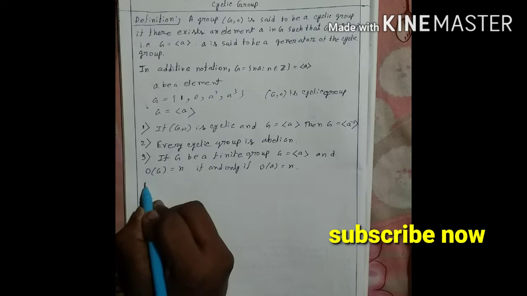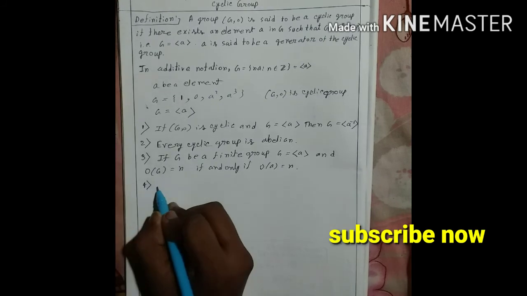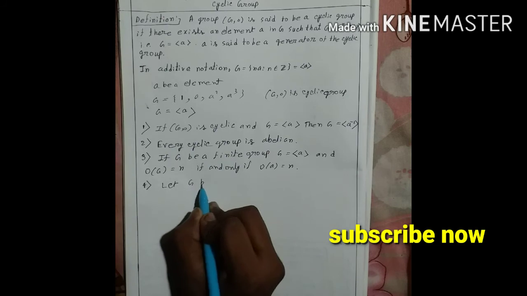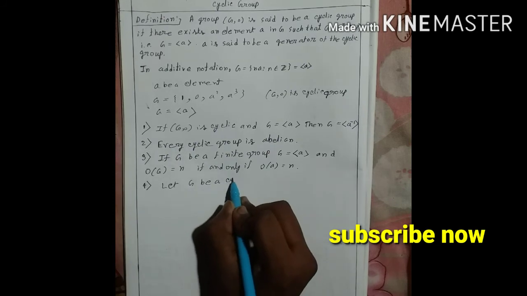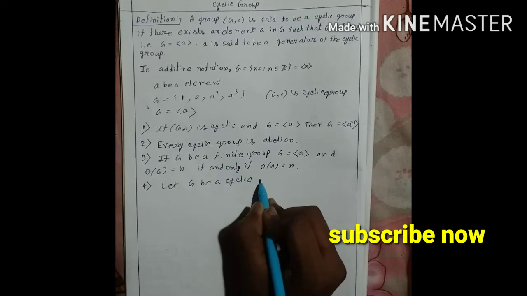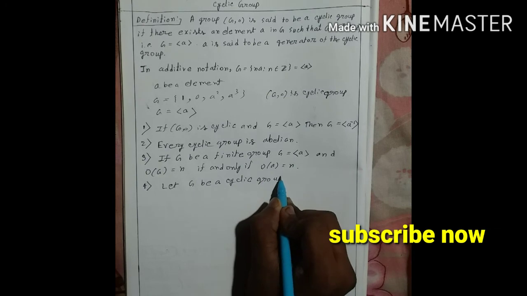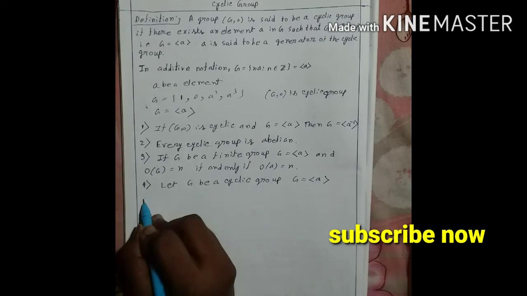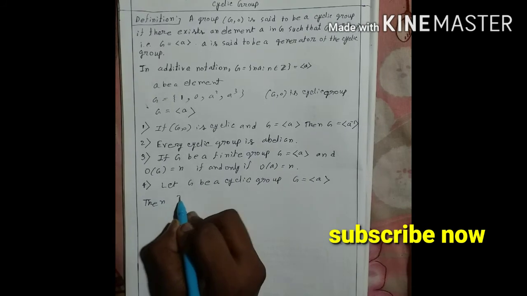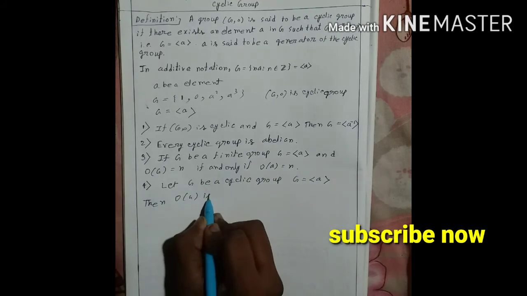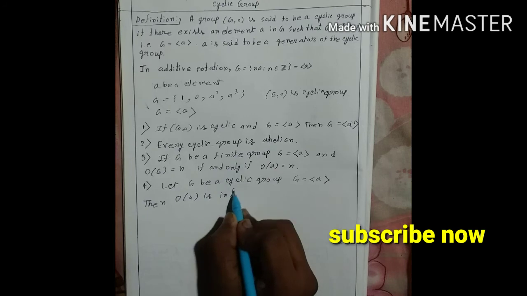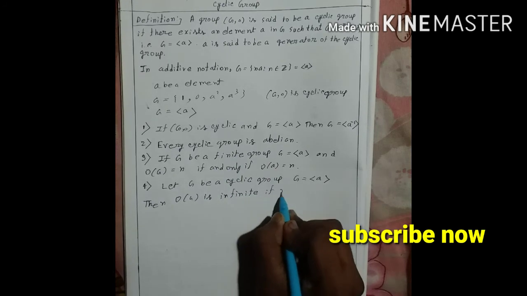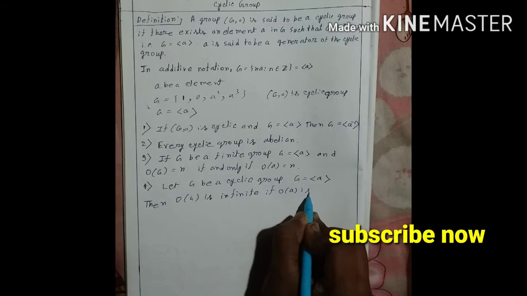Fourth important note, let G be a cyclic group and G is generated by a, then order of G is infinite if order of a is infinite.